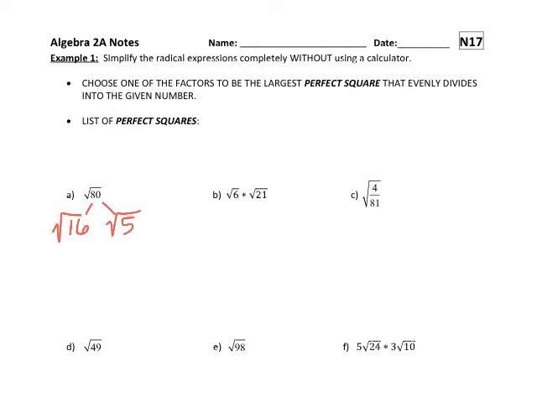And I found that 16 is a perfect square, so therefore I can take the 4 as the square root of 16 and multiply it by the square root of 5. Well, the square root of 5 doesn't have a square root that is real simple and a whole number, so we're just going to leave our answer just like this. So the idea is finding a factor of the number that is a perfect square.